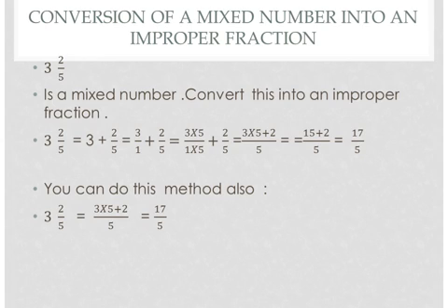You can solve this sum in another method also, the direct method. 3 2/5: you multiply the whole number with the denominator, 3 multiplied by 5, and you add the numerator, 3 multiplied by 5 plus 2 upon 5. So you directly write the answer: 3 5s are 15 plus 2 is equal to 17. So 17/5.